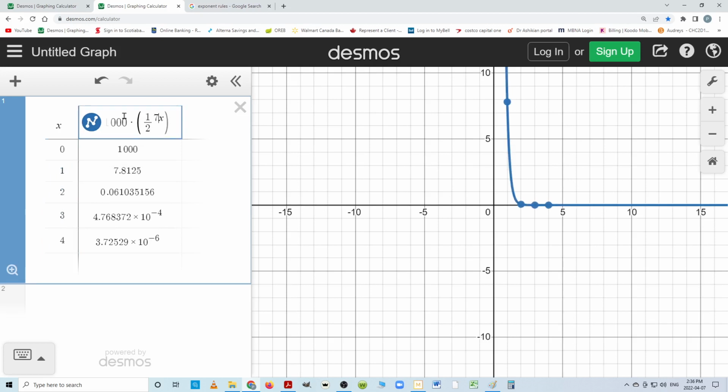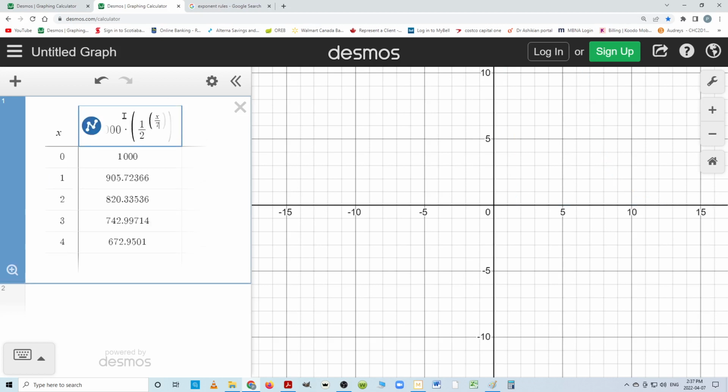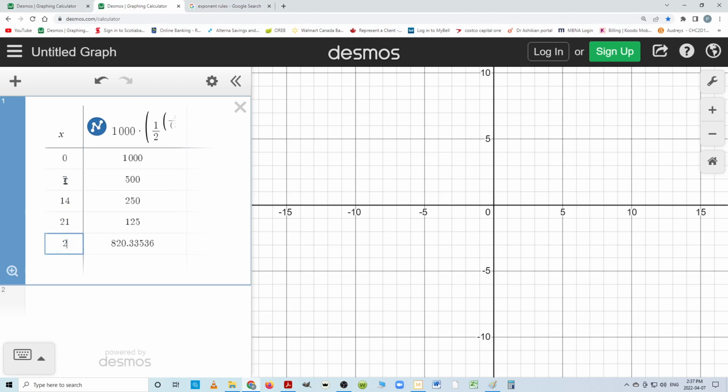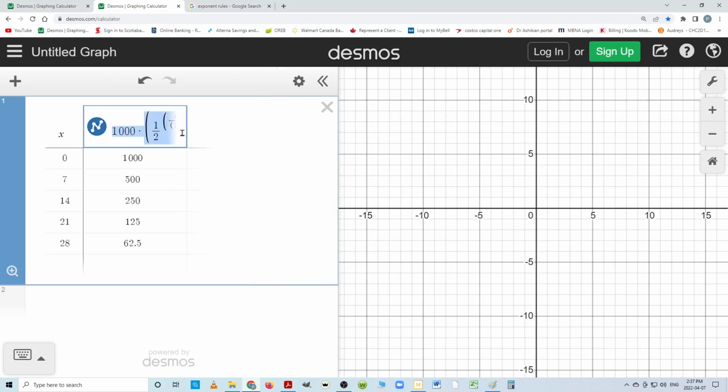I think it has to be in brackets x over 7. Does that work? Let's see. We'll go to 7 years. Let's put in 7. Yeah, there it is. My bad. 7, 14, 21, 28. So, to express this better, why isn't it? Oh, I hate when it doesn't.